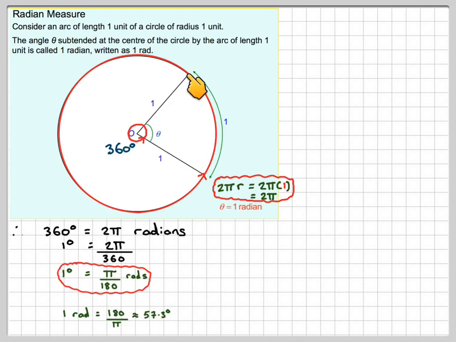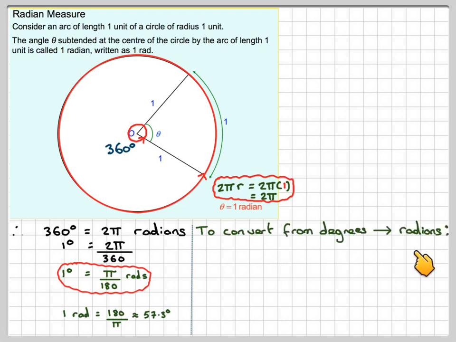So the angle theta in the original problem is 57.3 degrees. To convert from degrees to radians, we need to multiply the angle theta by pi over 180.